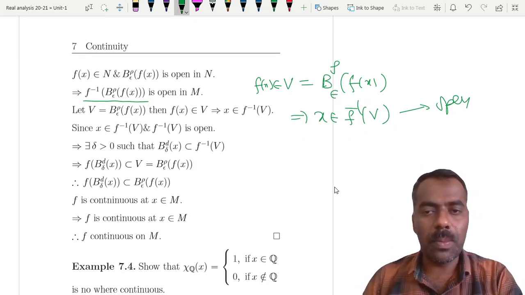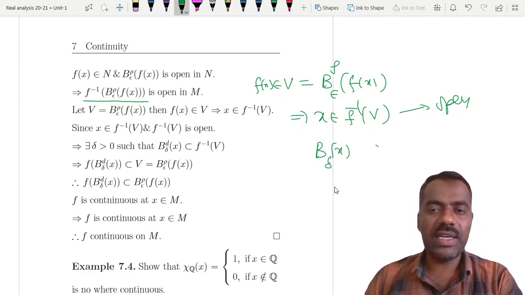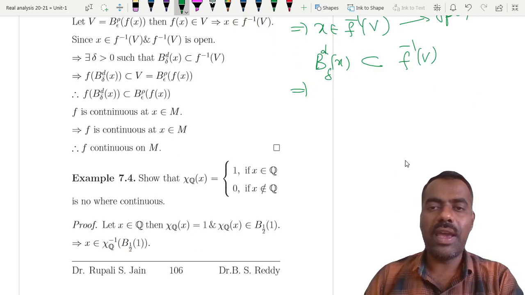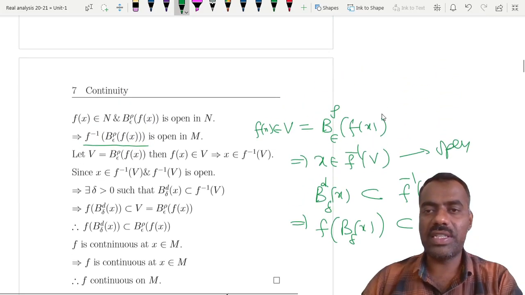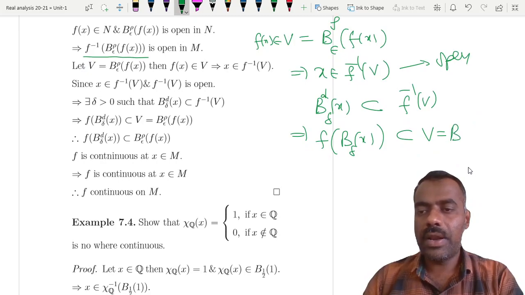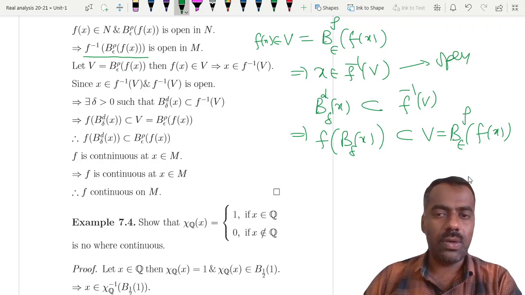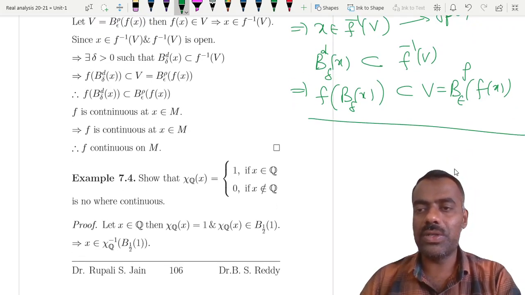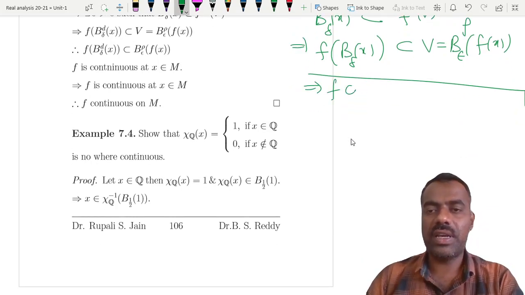Therefore, there exists a ball of some radius, you can call it delta, so the ball around x of radius delta, in the metric d, is contained in f inverse of V. But this is the same as saying that f of the ball around x of radius delta is contained in V. But our V, as a notation, is nothing but the ball around f of x of radius epsilon, in the metric rho, right? This is precisely what we wanted to show, which means f is continuous.